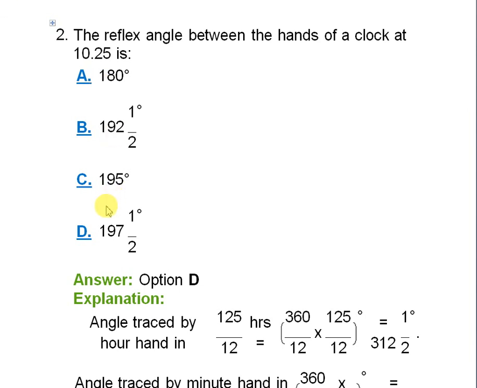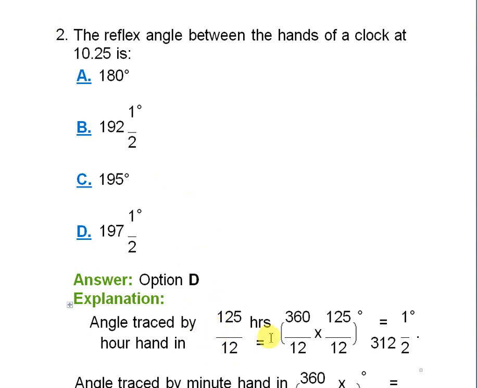So angle traced by hour hand in 125/12 hours. Now why have we written it like this? Where did this 125 by 12 hours come from? We have written 10.25 as 1025 divided by 100, and after cutting and solving that you will get 125 by 12 hours.